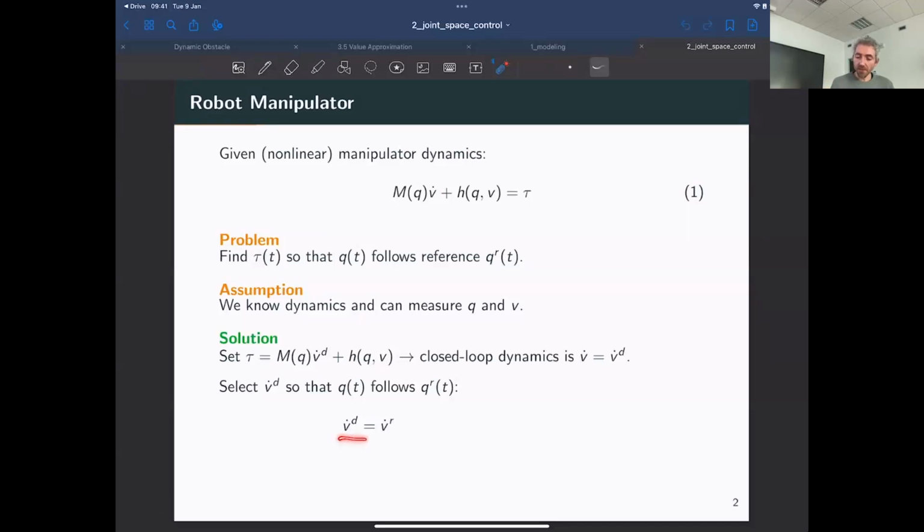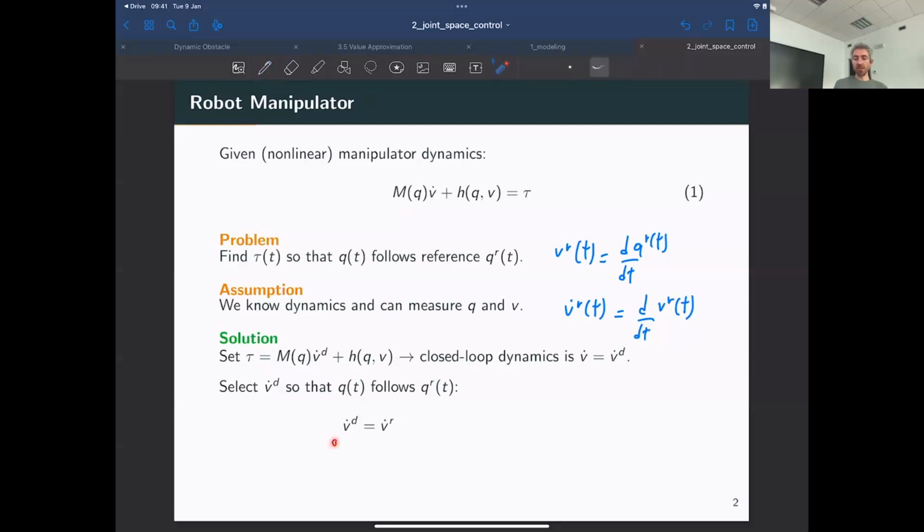You might be tempted to set v dot desired simply equal to v dot reference. So v dot reference would be the time derivative of v reference. So let's start with vr of t, which would simply be the time derivative of qr of t, and v dot r of t would simply be the time derivative of vr of t.